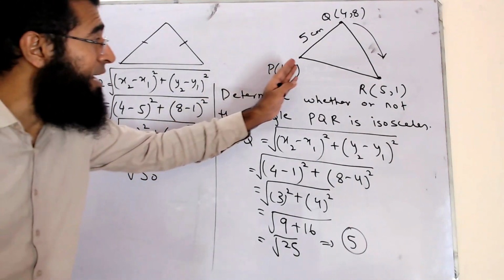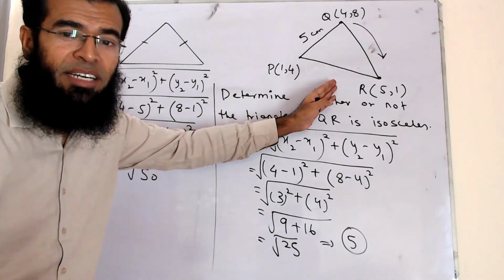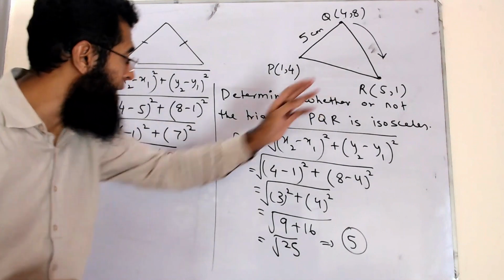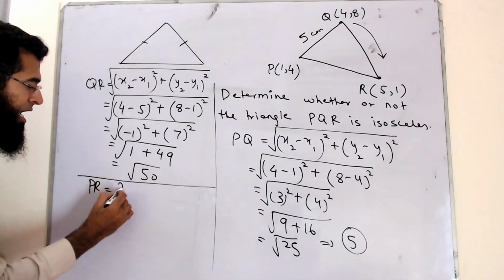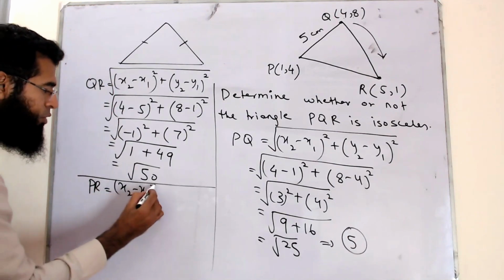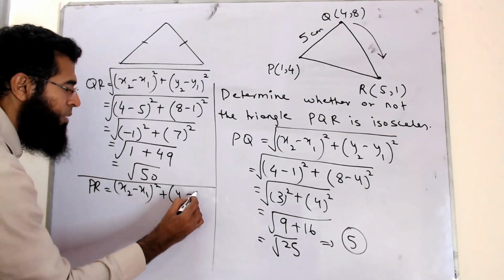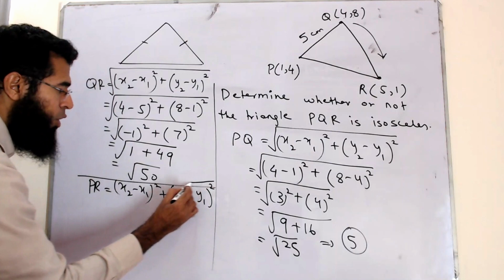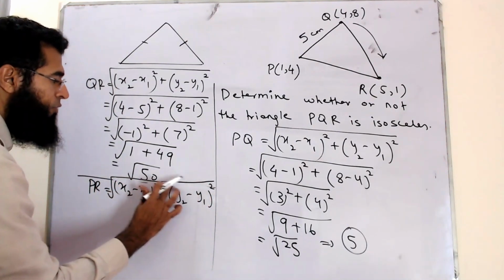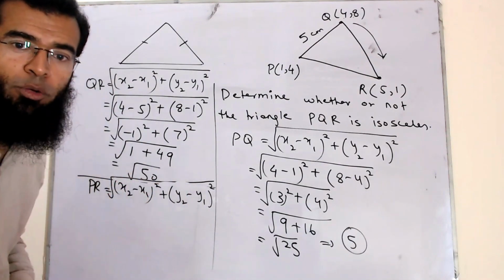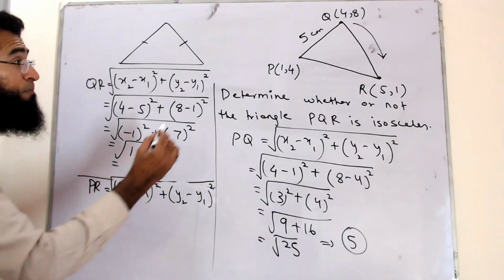So let's find out the length of the third line segment, which is PR. PR is again x2 minus x1 whole square plus y2 minus y1 whole square whole under root. Don't forget to put the square root sign. So plug in the values.